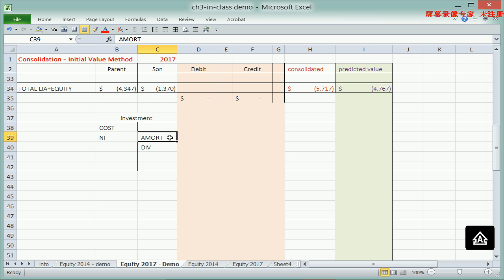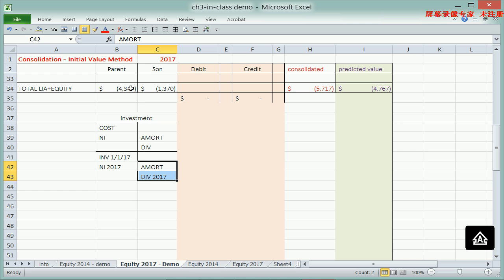Since this is just after a couple of years, this will become the investment at the beginning of, say, 2017, and the net income of the subsidiary during 2017, the dividend during 2017, and the amortization during 2017.